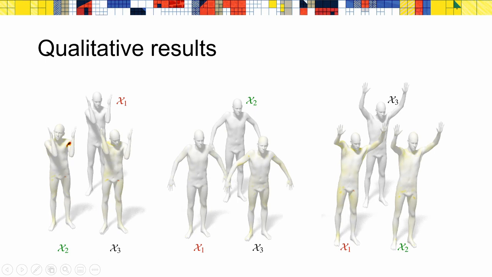We can see here some other qualitative results of our adversarial examples. The top surfaces are the original shapes, while the ones at the bottom are the actual adversarial surfaces.